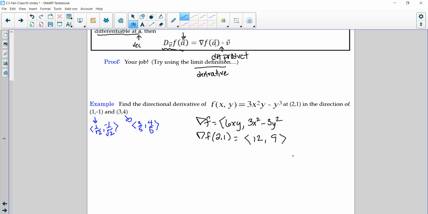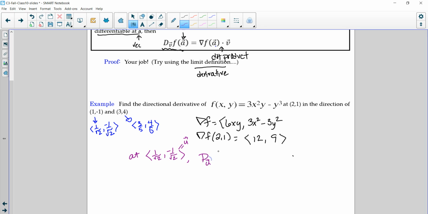Next, let's do 1 over root 2, comma negative 1 over root 2. Let's call this u for shorthand notation.